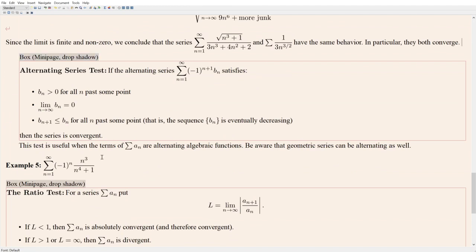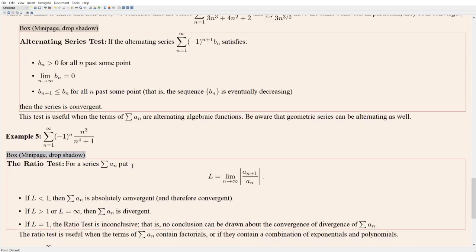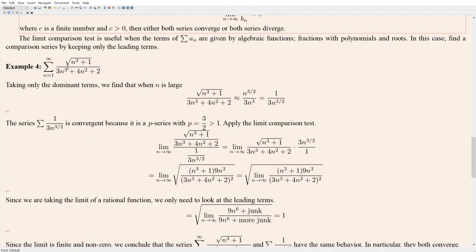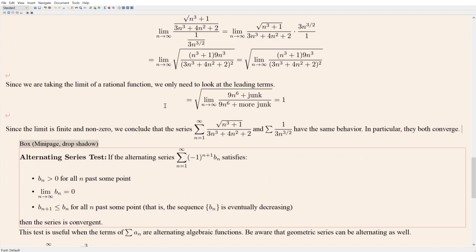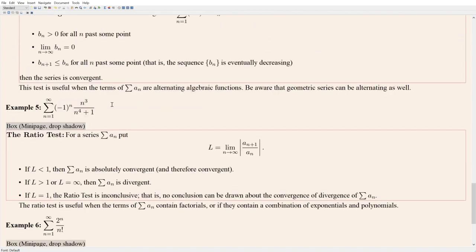So the alternating series test as written is most useful when you have an alternator and the remaining terms are some sort of algebraic function, like something like this, that has roots and polynomials in it, which is exactly what we're looking at here.